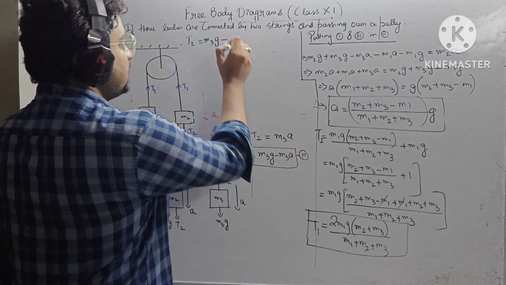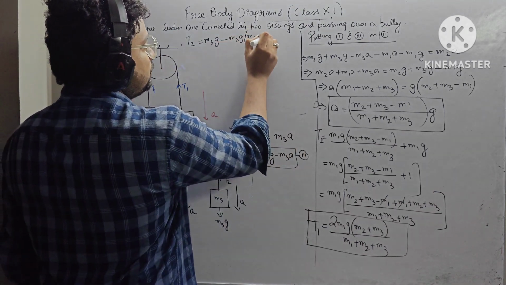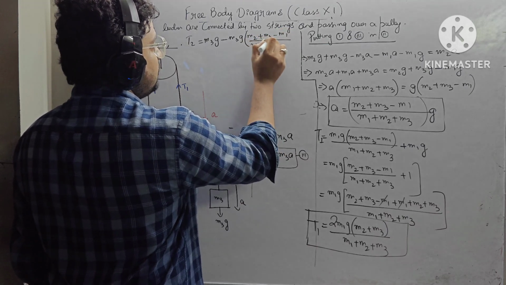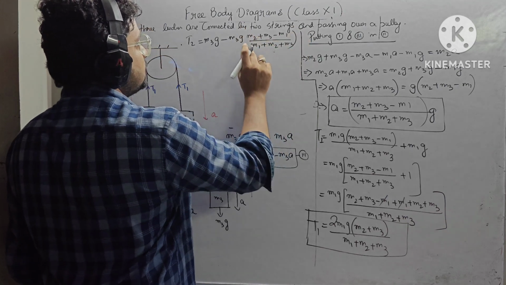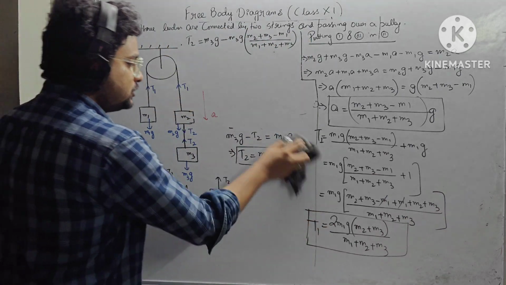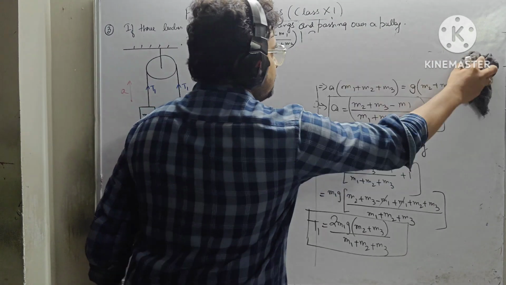So I can write M3G minus M3G into M2 plus M3 minus M1 divided by M1 plus M2 plus M3. Now we have to solve this. So this one is no longer needed, so I am rubbing this.